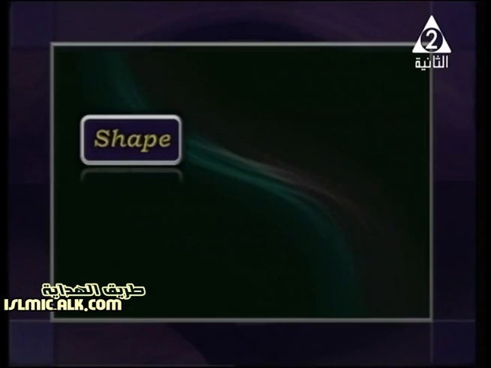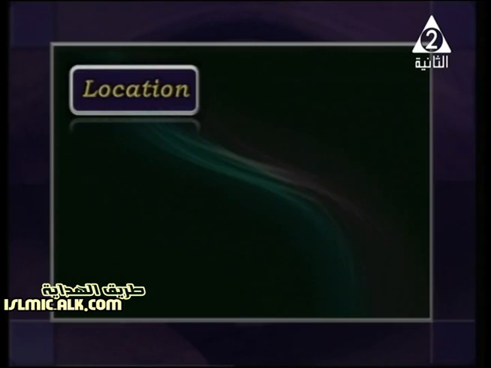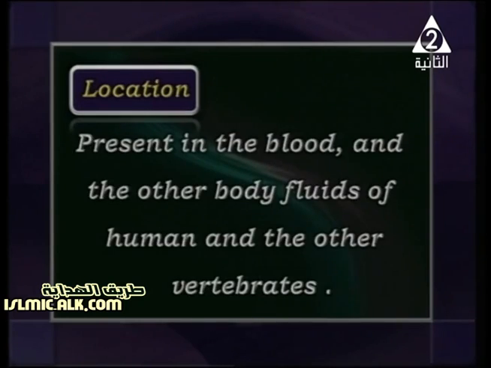Number one, the shape of the antibodies. They look Y-shaped. What about the location? They are present in the blood and the other body fluids of humans and the other vertebrates.